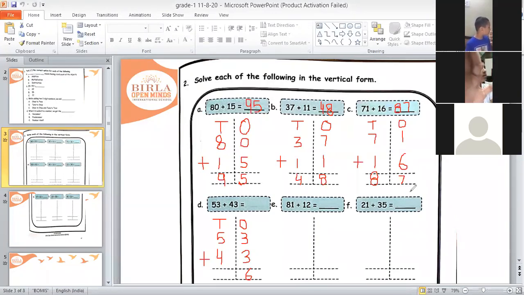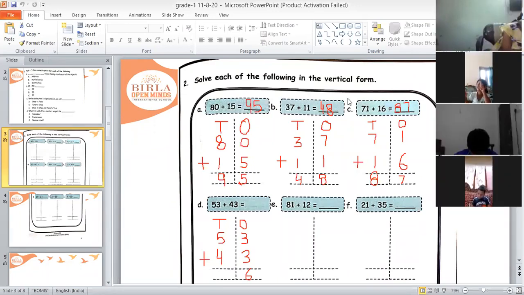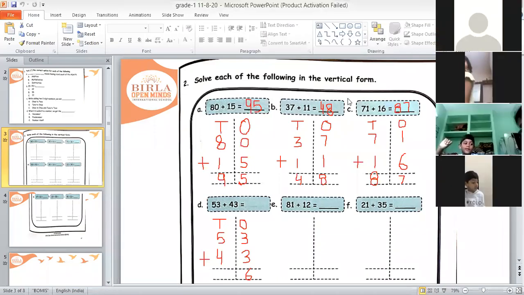Count with 4 fingers. 6. Yeah. 7. Then? 8. 9. Yeah. So the answer 5 plus 4 is 9. That's correct.